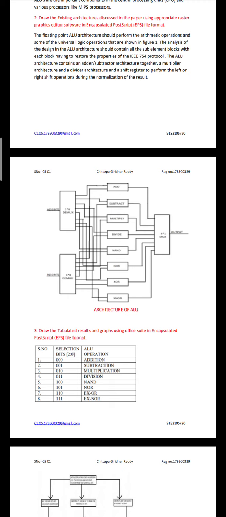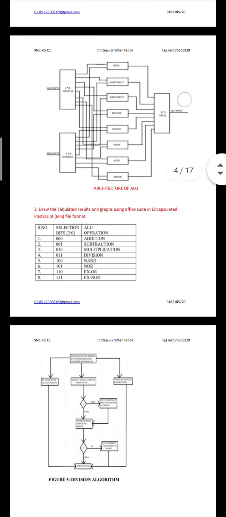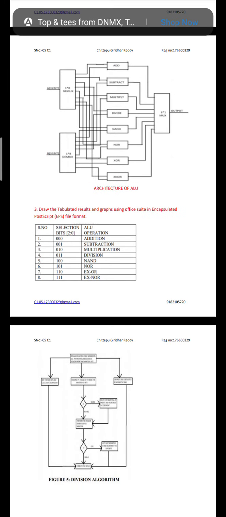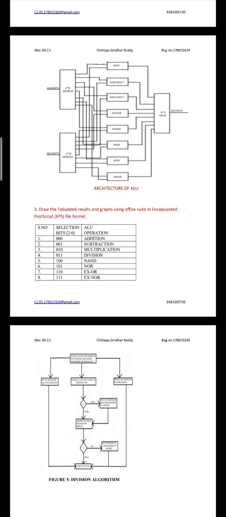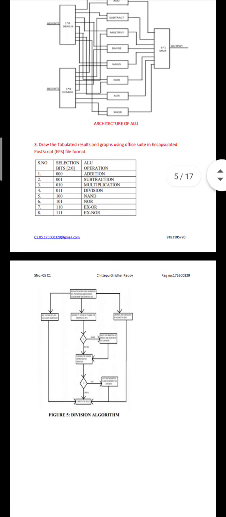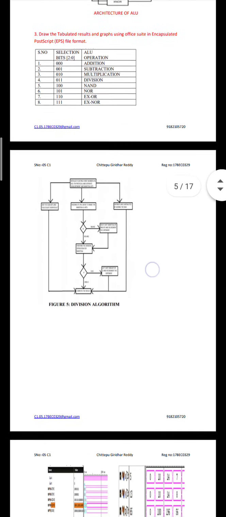The design of the ALU architecture should contain all the sub-element blocks, with each block following the properties of the IEEE 754 protocol. You can see this is the architecture of the ALU. We have add, subtract, multiply, divide, and NAND, NOR, XOR operations done by this, to get the desired output.